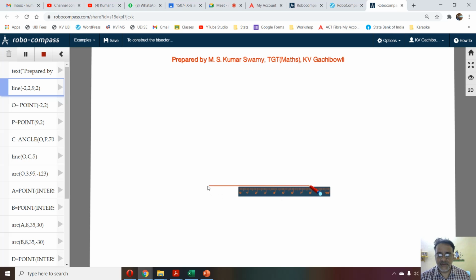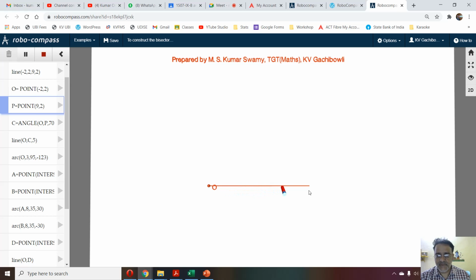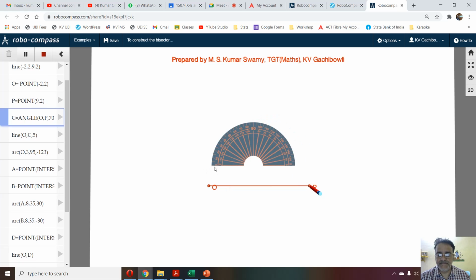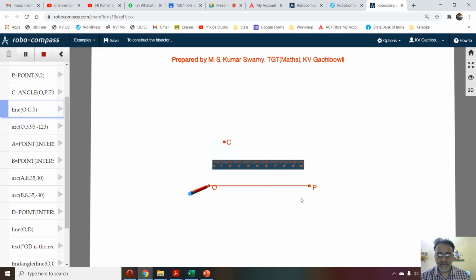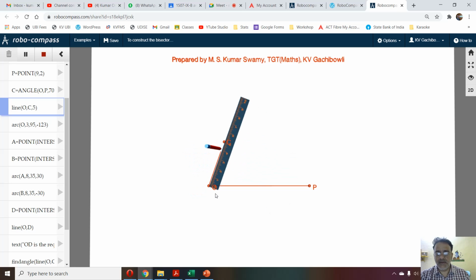Then we will mark this point as O and this as P. Then we are going to draw angle 70 degree from here. Okay, any angle. I have taken 70 degree, right? So 70 degree. Now the bisector of 70 degree I am going to draw.